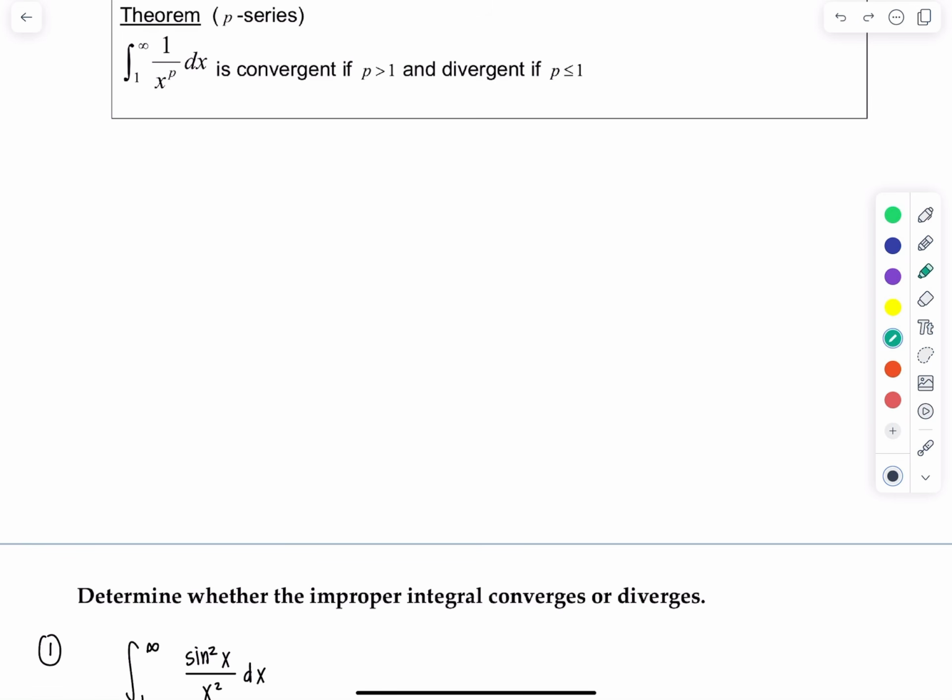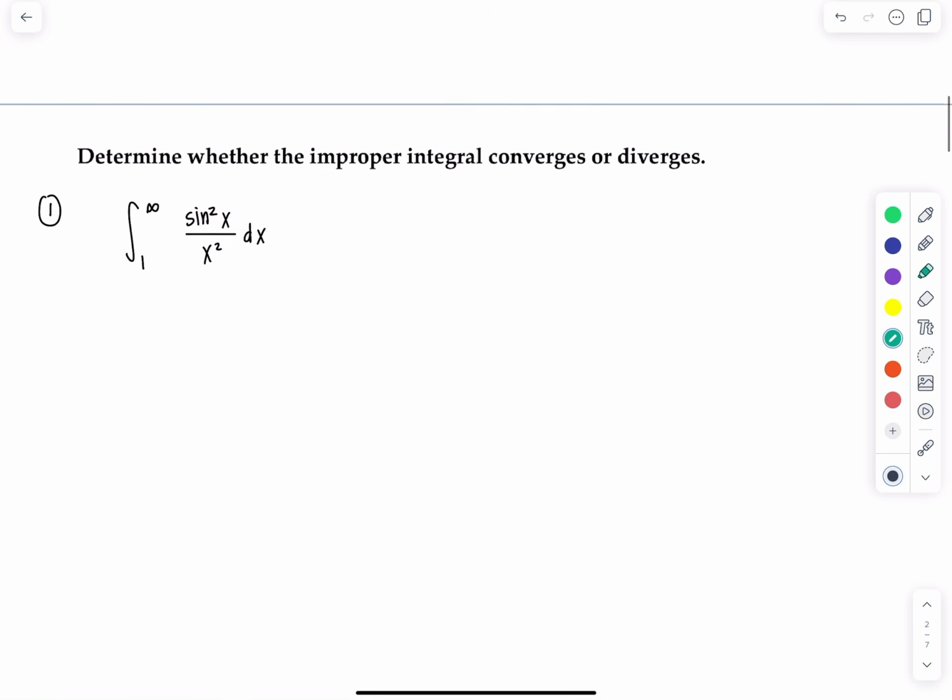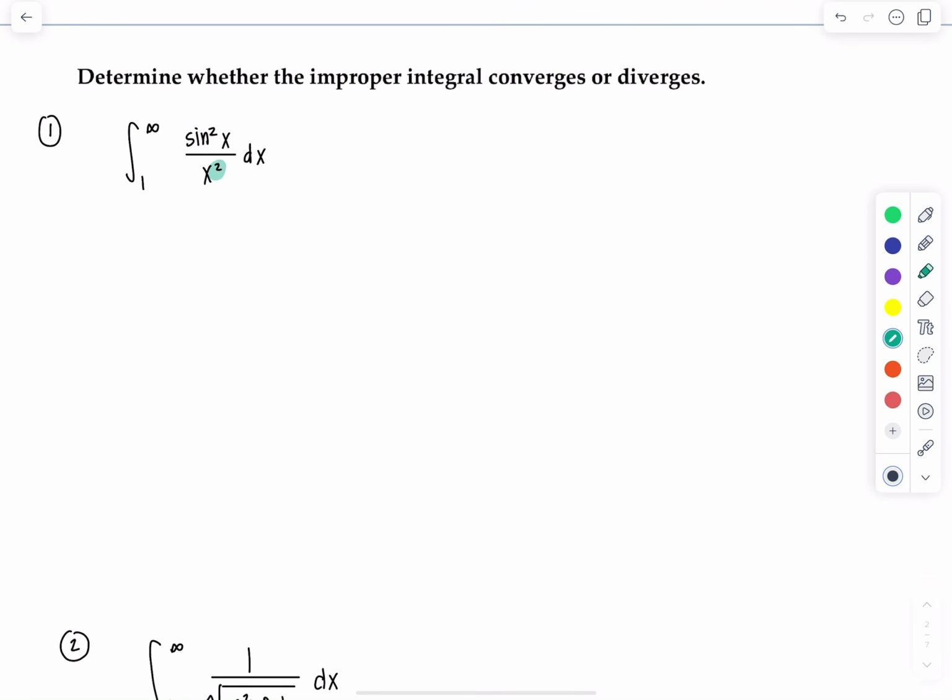The exponent on x if it's greater than 1. Look down here. The exponent on x is a 2. I know there's a sine squared x in the numerator. I know. But because this is basically growing like the p-series, 1 over x squared, I'm suspecting, okay, let me write this down for you. We suspect this integral converges.